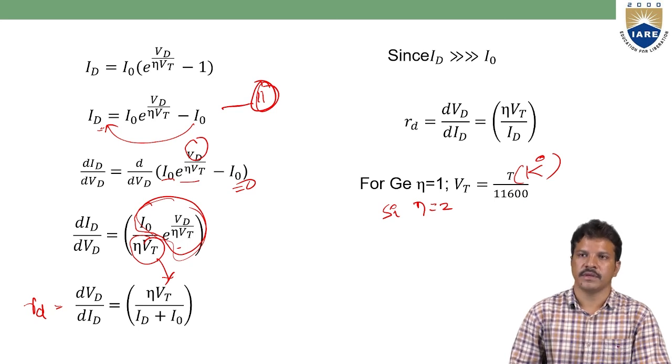This is about the dynamic resistance in the PN junction diode.